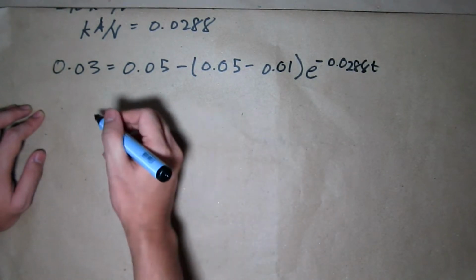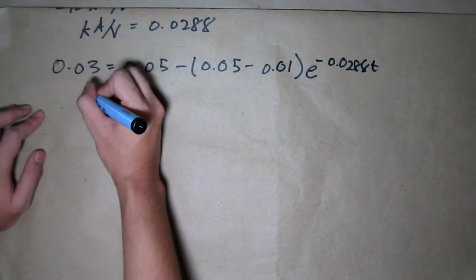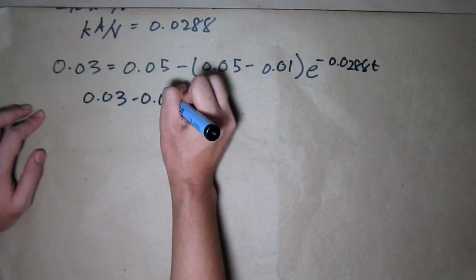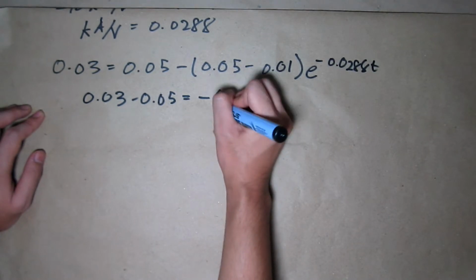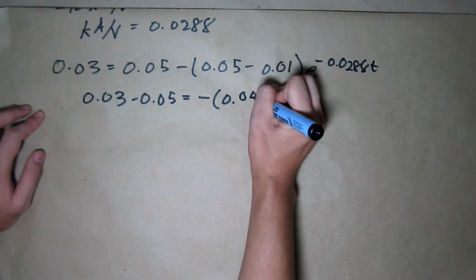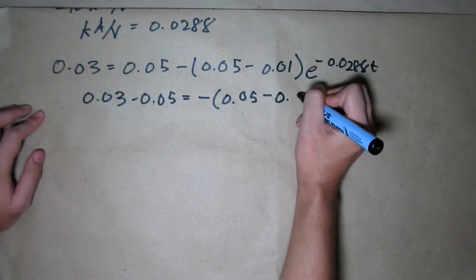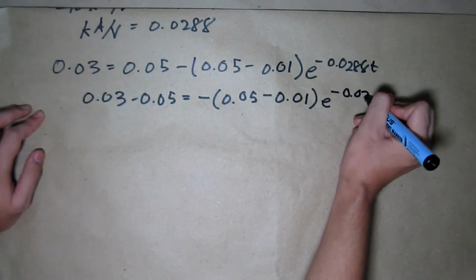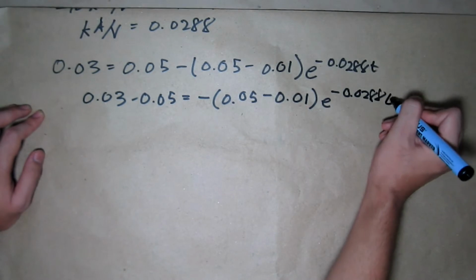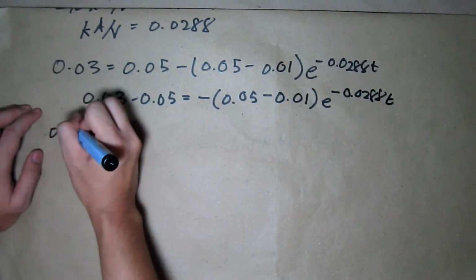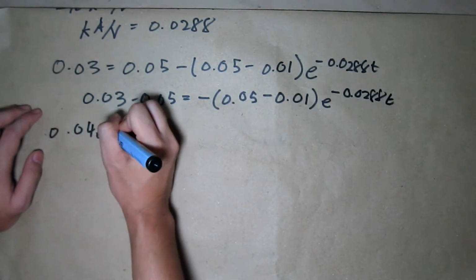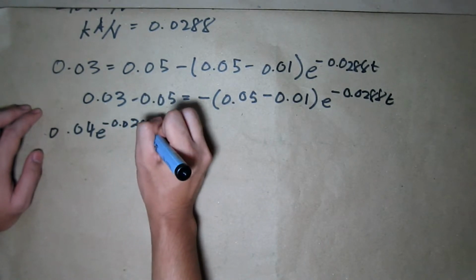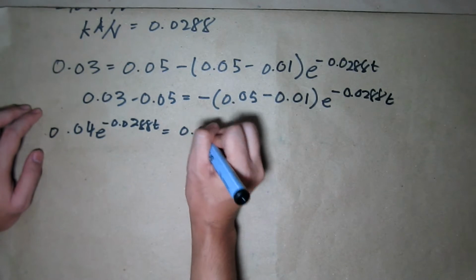Then we have 0.03 minus 0.05 is equal to negative 0.05 minus 0.01 e raised to the power of negative 0.0288 t. 0.04 e raised to the power of negative 0.0288 t is equal to 0.02.